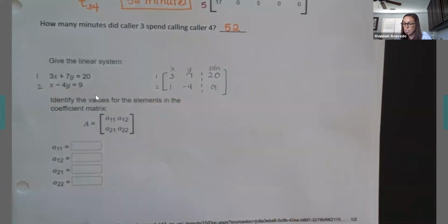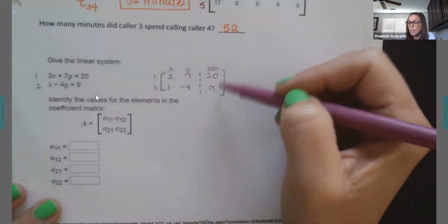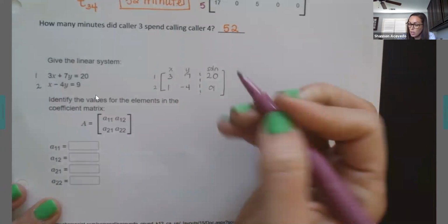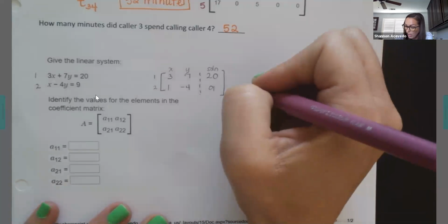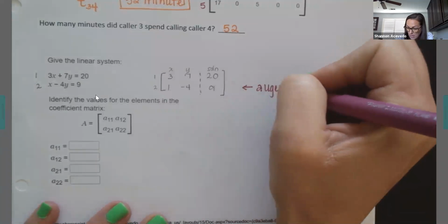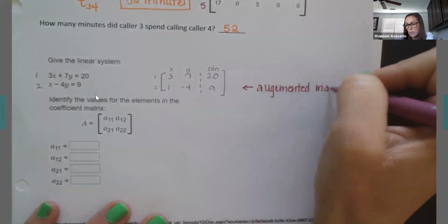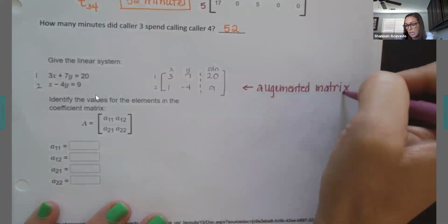So again, the coefficient matrix are the coefficients of the values over here, and then this is what it's equal to. This whole piece is what we call an augmented matrix. So always a lot of vocabulary right at the beginning.